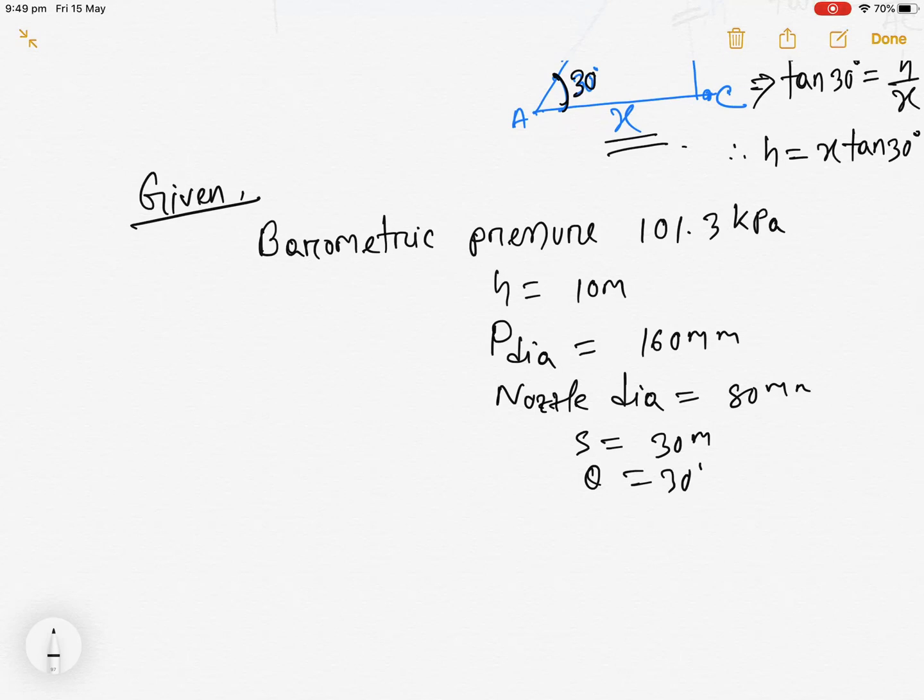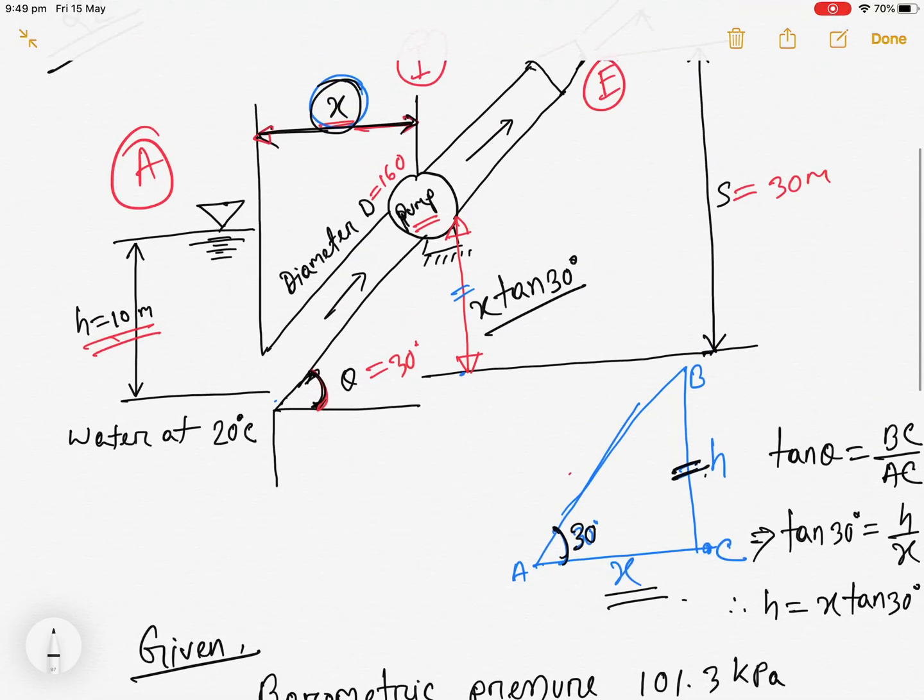All right, so now we actually need to calculate the distance. The first part is the distance at this section. So what we don't know, guys, is the velocity. We only know the flow rate. It is 120 liters per second.